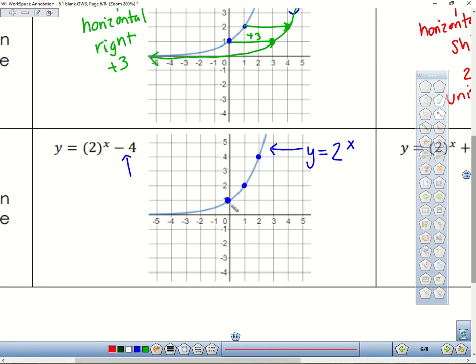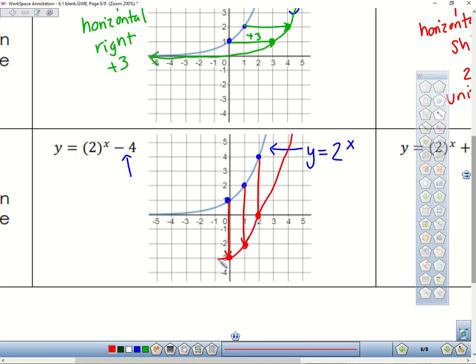So we're going to go down 4 units. So 1, 2, 3, 4. And unlike with horizontal, vertical is straightforward. So if it's minus, it's down. If it's positive, it's up. 1, 2, 3, 4. And then 1, 2, 3, 4. So it's going to look something like this.